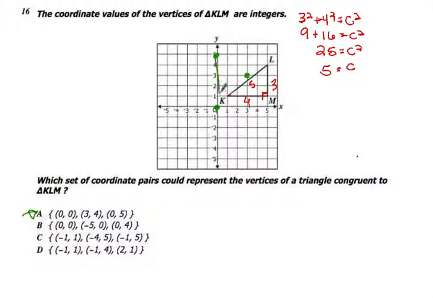Well, I've got my 5. But the question is, is this going to be my hypotenuse? Because remember, it has to be congruent, so that would have to be my hypotenuse. So we would have to have a right angle here. Well, the slope is 2, 3. Down here, 1, 2, 3, 1, 2.